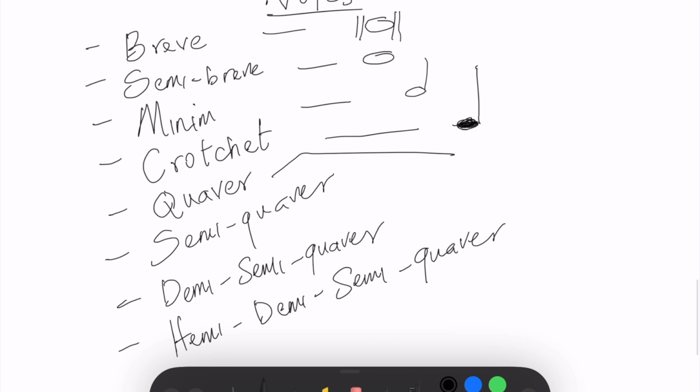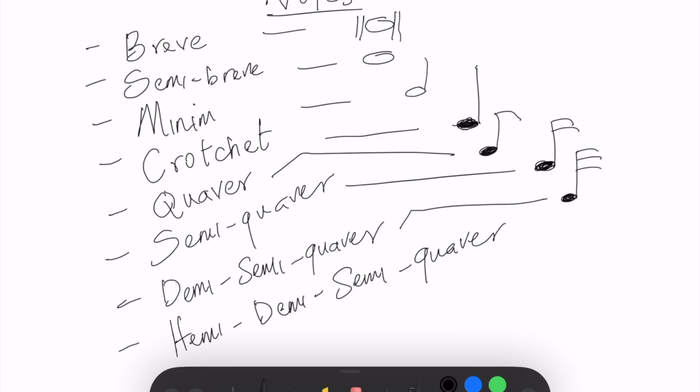Quaver is an egg shaded, a stem and a flag. And semiquaver is an egg shaded with two flags on a stem. Demisemiquaver is an egg shaded, a stem and three flags. And hemidemisemiquaver is an egg, a stem and four flags, like that.